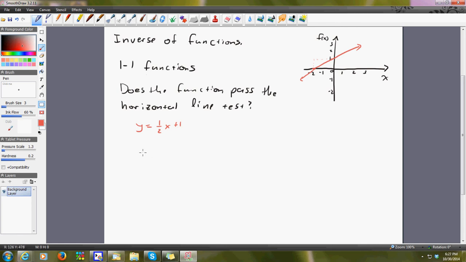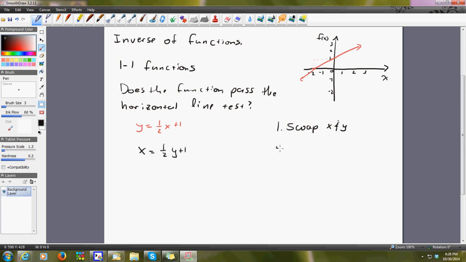The first thing I do is swap x and y. So now I have x equals 1/2 y plus 1.